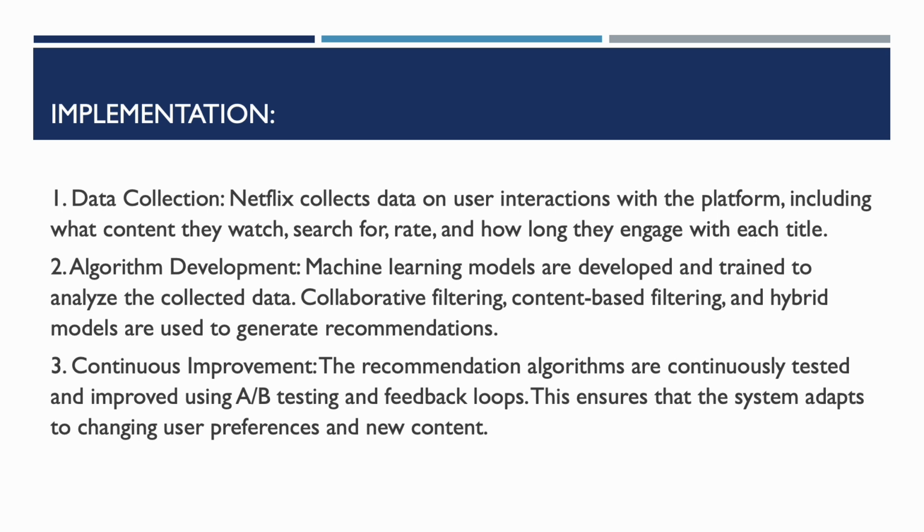Collaborative filtering, content-based filtering, and hybrid models are used to generate recommendations. Then third, continuous improvement. After collecting the data and developing the algorithm, the recommendation algorithms are continuously tested and improved using A/B testing and feedback loops. This ensures that the system adapts to changing user preferences and new content.